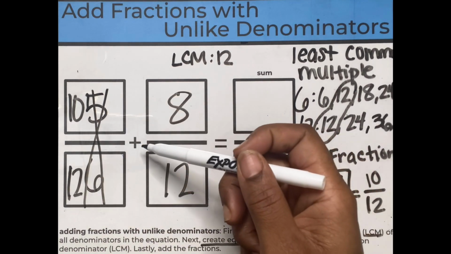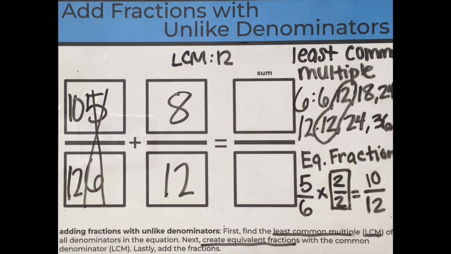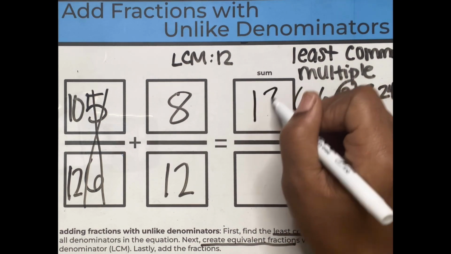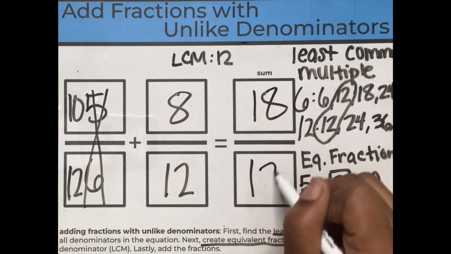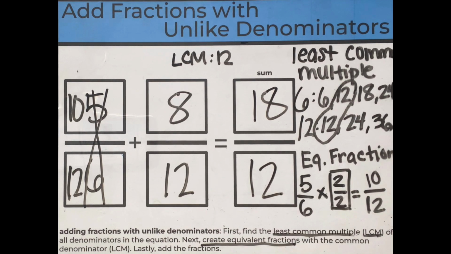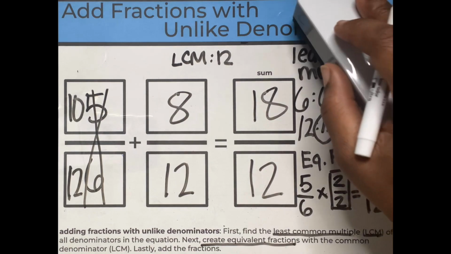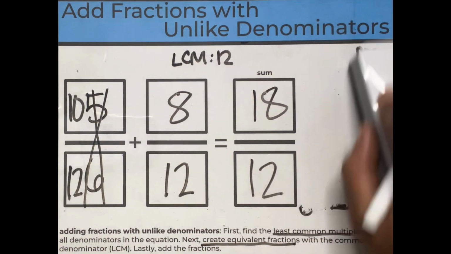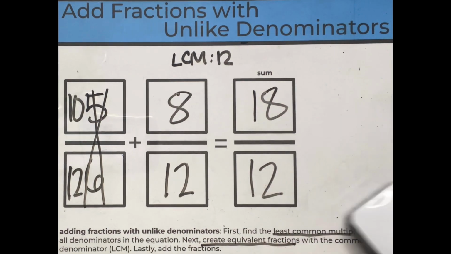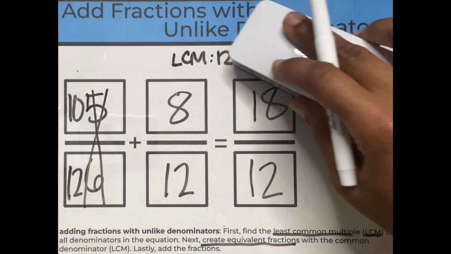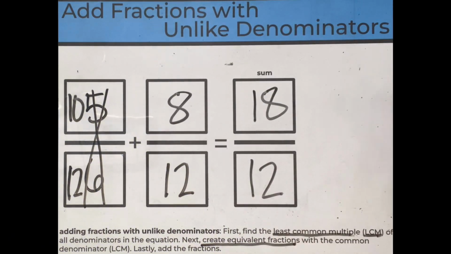10/12 plus 8/12 is, hopefully you have on your paper, 18/12. 18/12. My numerator is bigger than my denominator.